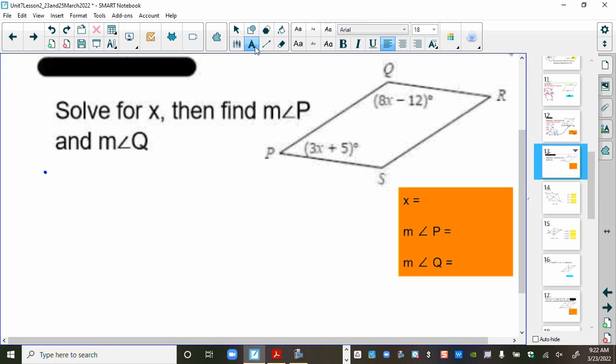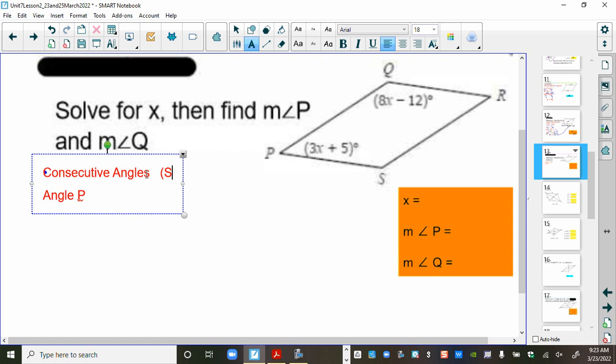So you have consecutive angles. So that means what? What's the relationship with angle P and angle Q? They're not equal. What else do we know? If they're consecutive, that means they're supplementary. That's right. They're supplementary.